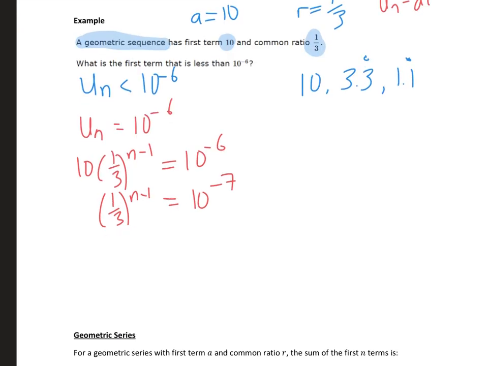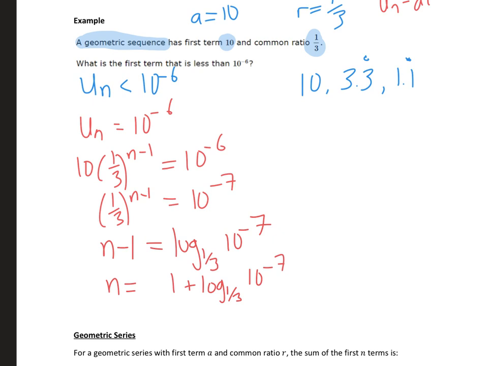Now, to get rid of the base third, I can use ln's and logs. So n minus 1 is log base a third of 10 to the minus 7. And then to get n, I'll just add 1 to it. So 1 add log base a third of 10 to the minus 7.